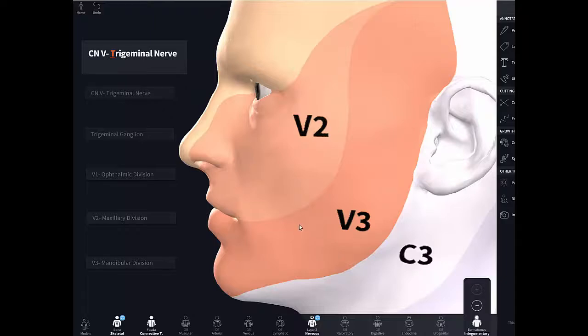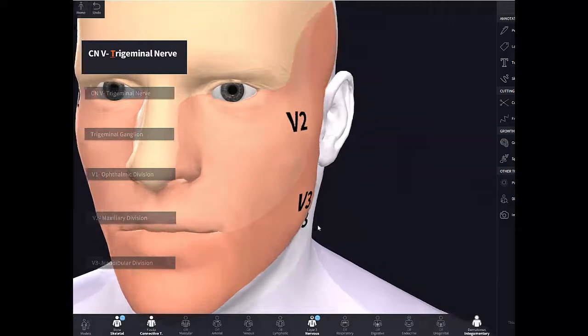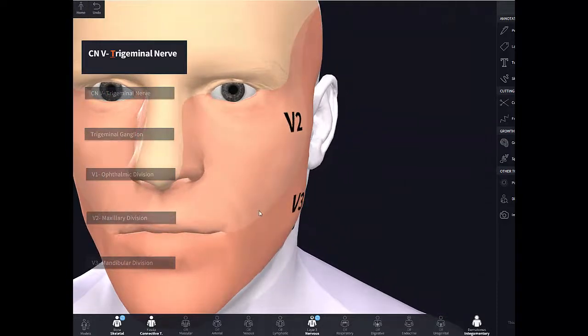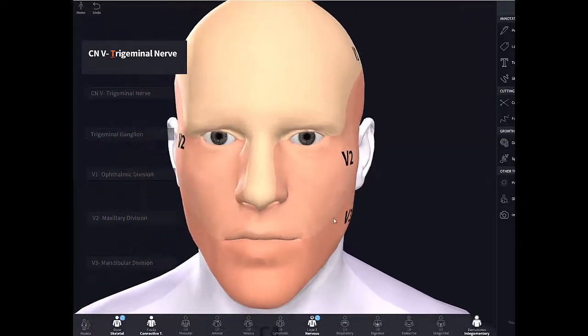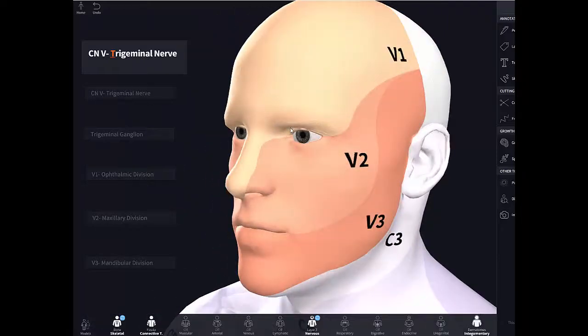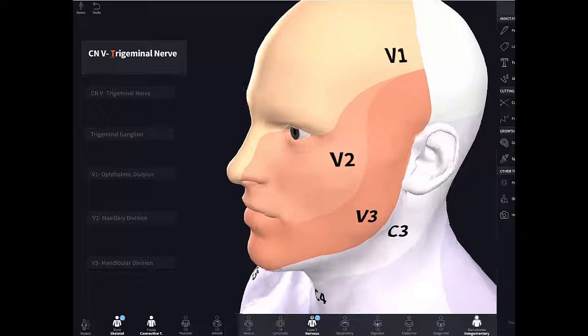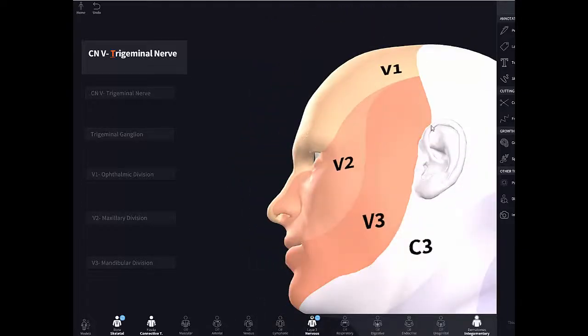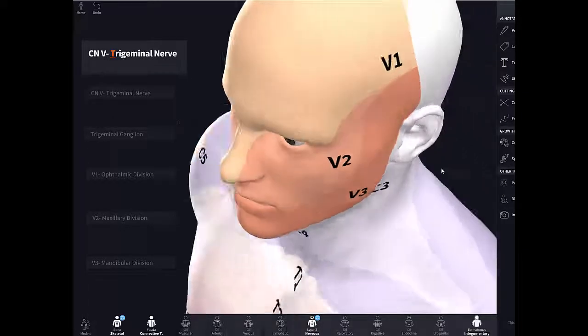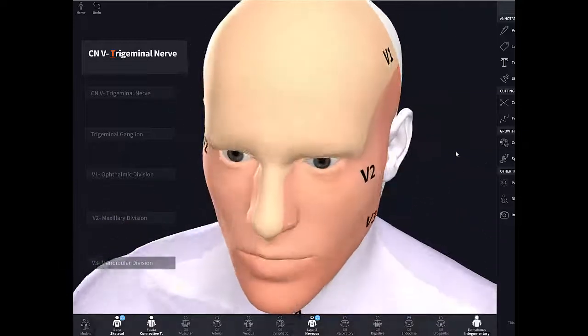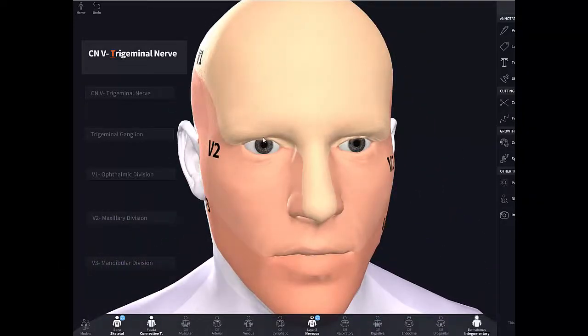And voila, here we can see the distribution of the ophthalmic, the maxillary, and the mandibular division of the trigeminal nerve. So you can see that V1 covers a large amount of the scalp, all the way up to just the tip of the ear here, and that goes all the way over to the other side. And it also covers the region of the upper eyelid and all the way to the tip of the nose. Not the sides of the nose, though.